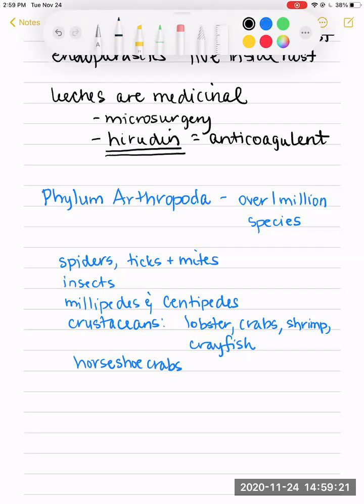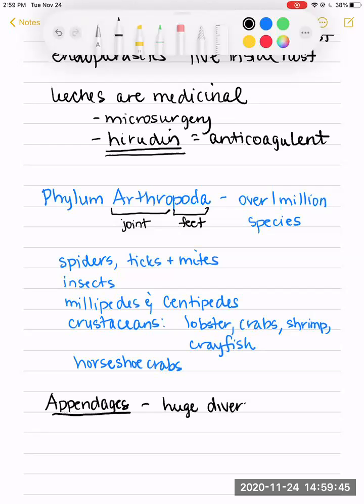Arthropoda means jointed feet. Arthro means joint, and poda means feet. Arthropods all have jointed appendages, and really appendages are the big deal in the arthropods. They have gone crazy with their appendages, a huge diversity of form and function.